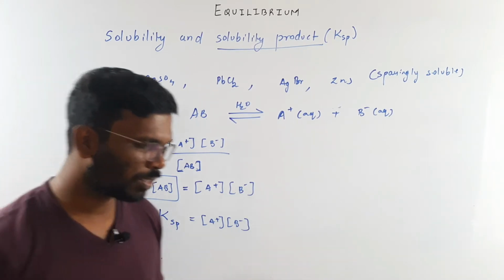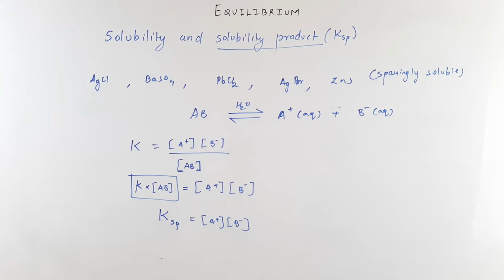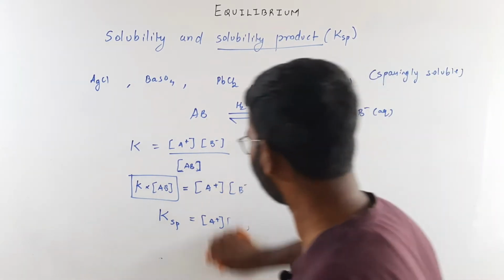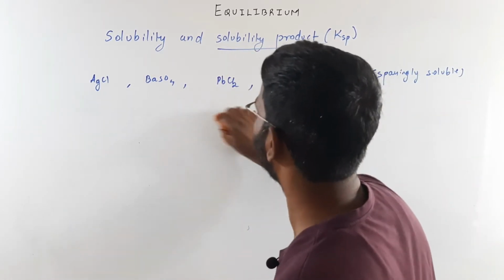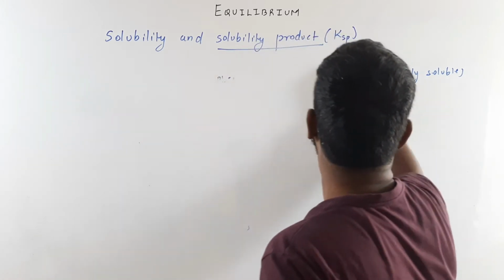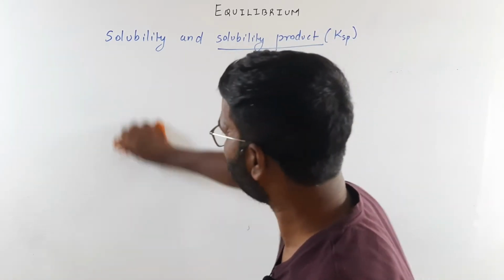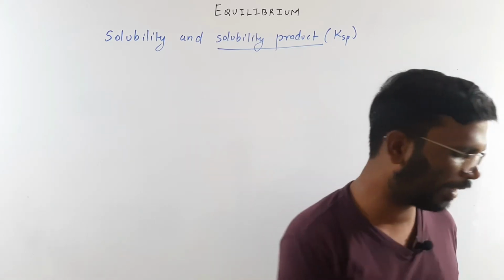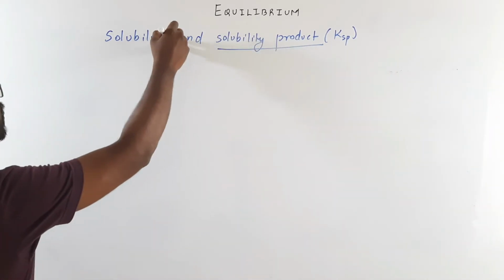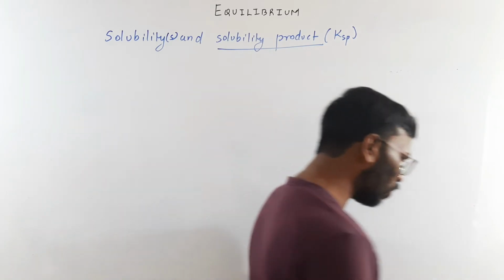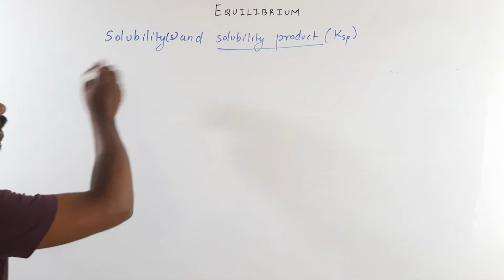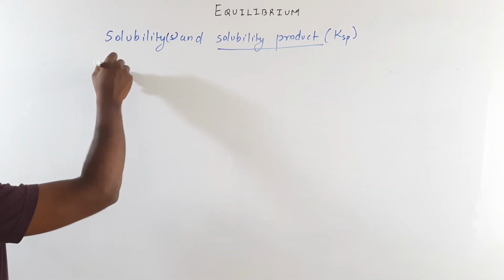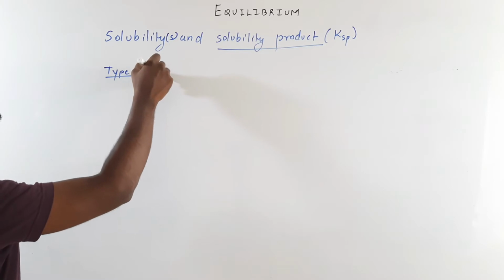Now let us understand what solubility is here. Let us understand the relationship between the solubility, which will be given by the symbol S, and the solubility product. I will take one sparingly soluble salt of the type AB.